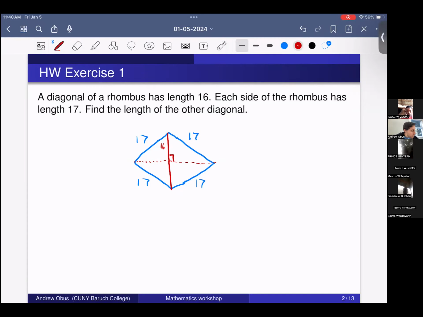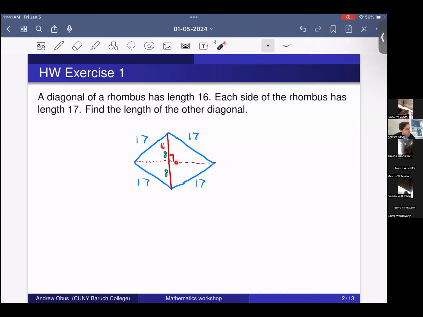One hint: since these diagonals cut each other in half, they bisect each other, each part of this diagonal is 8. It's 16 and it's divided into 2 segments, so the top segment is 8 and the bottom segment is also 8.